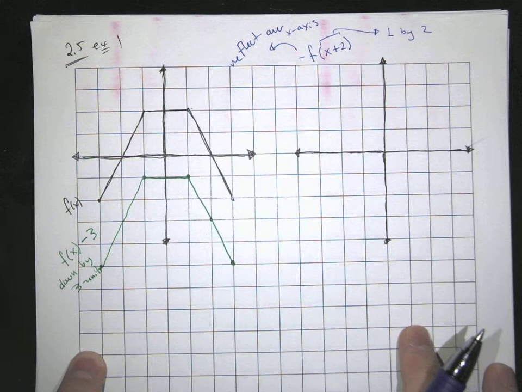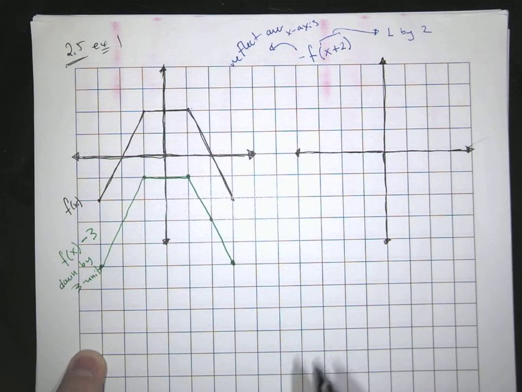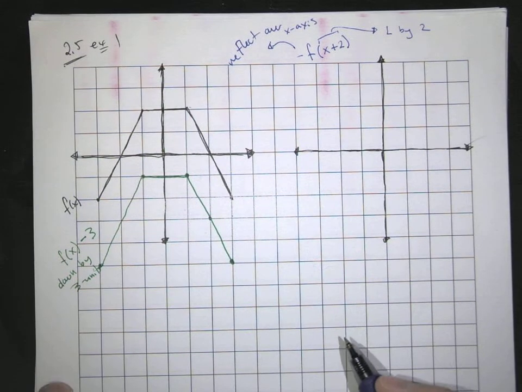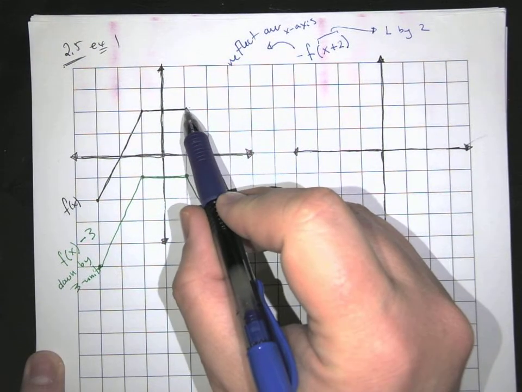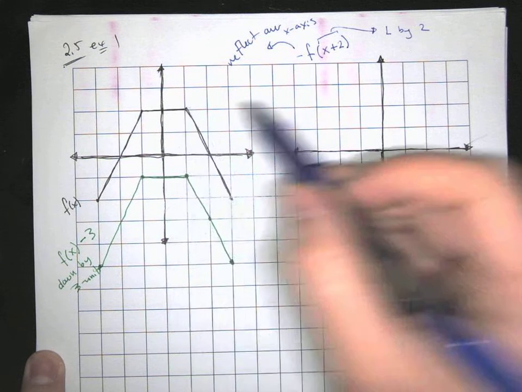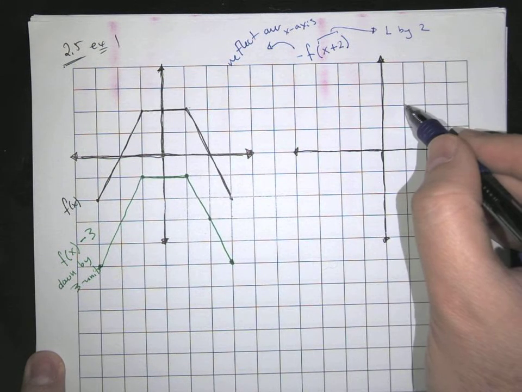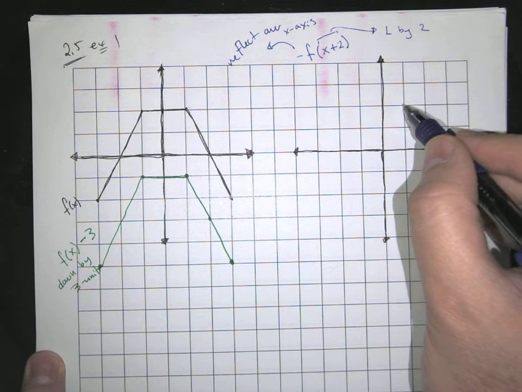I think what we'll do is let's do the shift left first. We'll do an inside out order of operations. What should I start with as a reference point? Maybe this corner. So that would be here. What I'm going to do is shift left by 2 units.